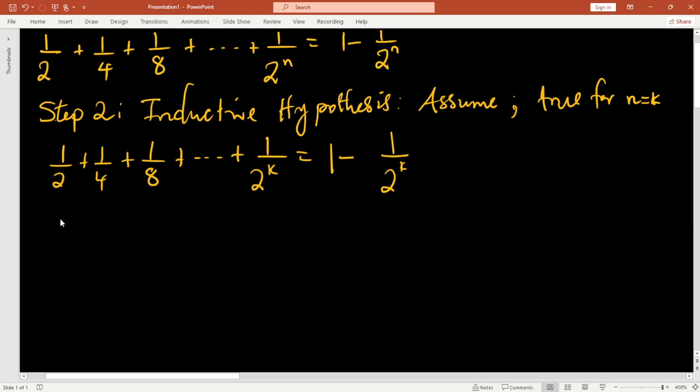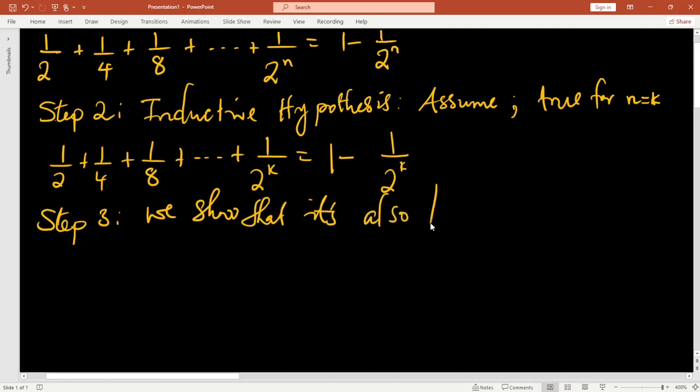So then we go to step number 3, where we show that it's also true for n equals k plus 1.